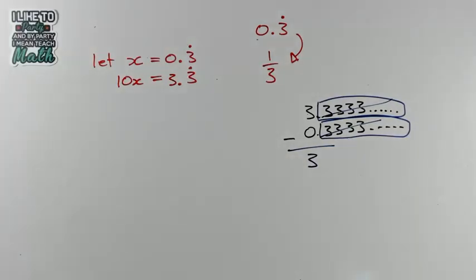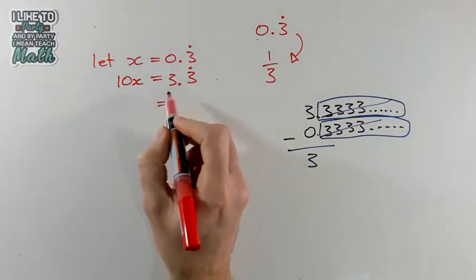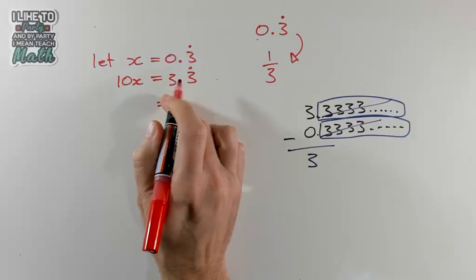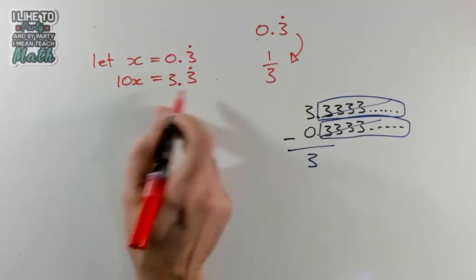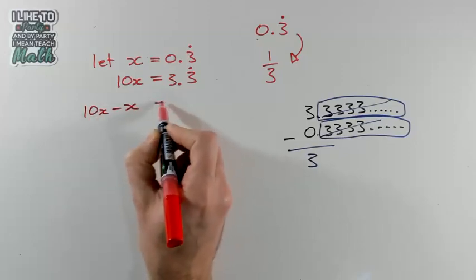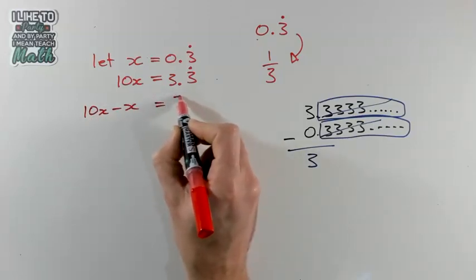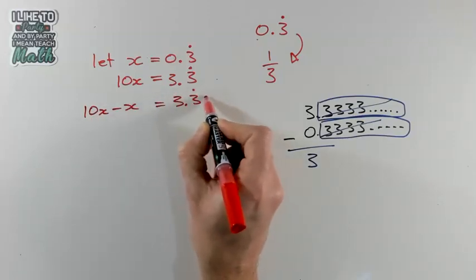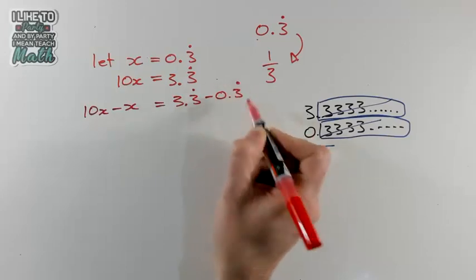So that's what's happening on this side. I can maybe write it a little bit better by saying, okay, 10x minus x. This part you can write as you want, I guess. And that would be the same as 3.3 recurring minus 0.3 recurring.